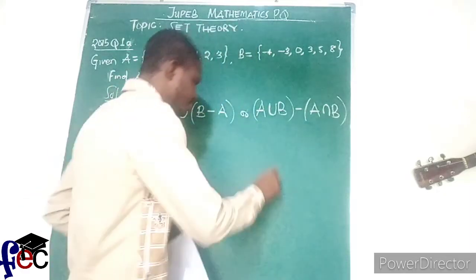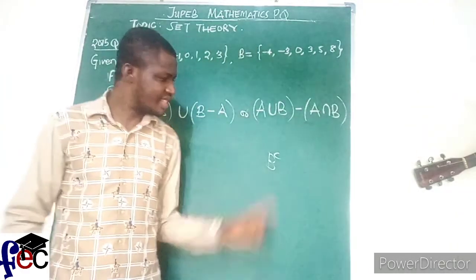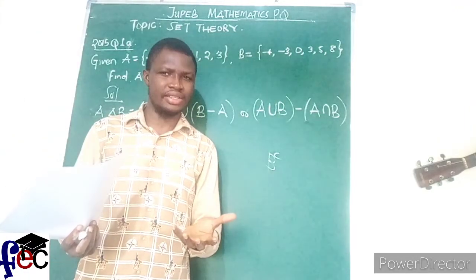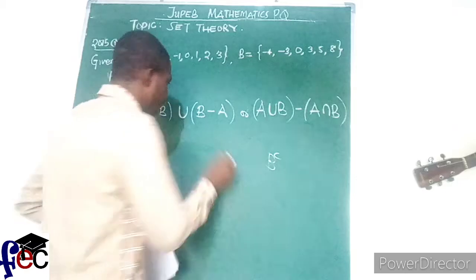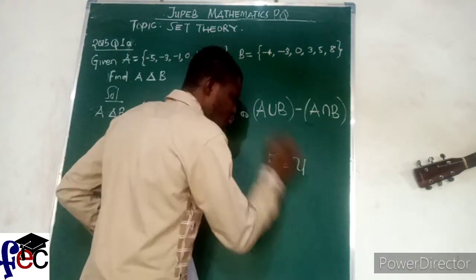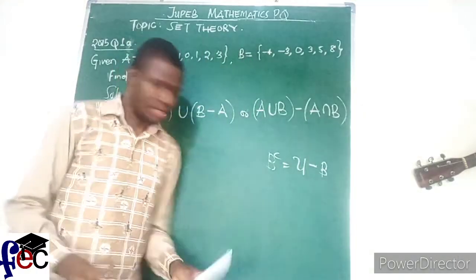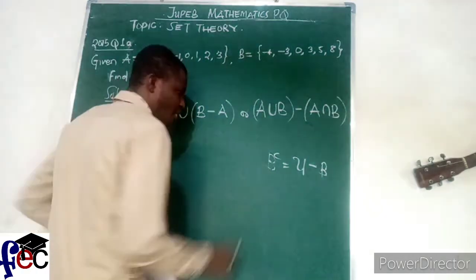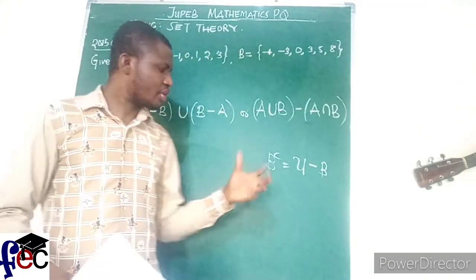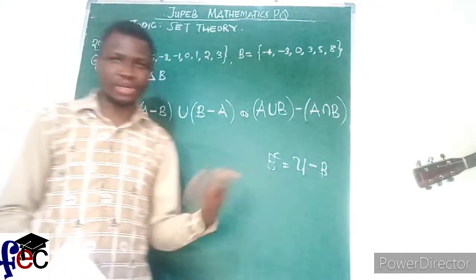For example, when we deal with B complement, we are simply saying this is relative to the entire universal set, so it means the universal set U minus set B. But the moment we restrict our consideration of the complement to another given set, then it becomes a set difference.